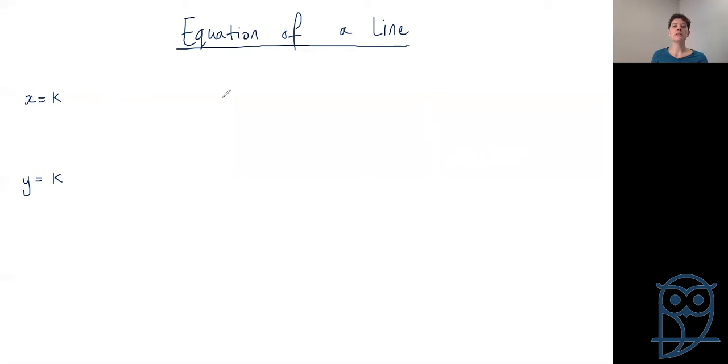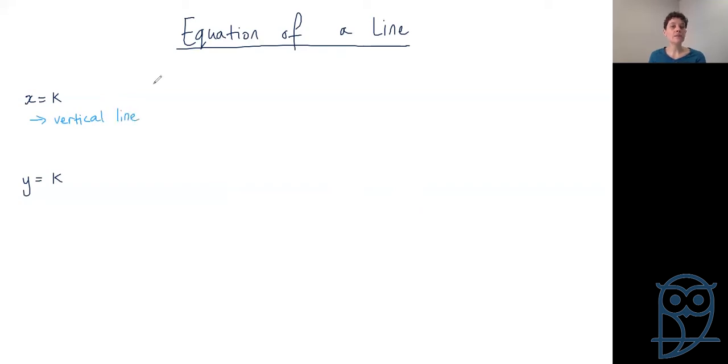So what this means then is x is a constant value, x equals 3, x equals minus 2. So everywhere on that line, x must equal that constant. So that line, therefore, must be a vertical line. So x equals k is a vertical line.